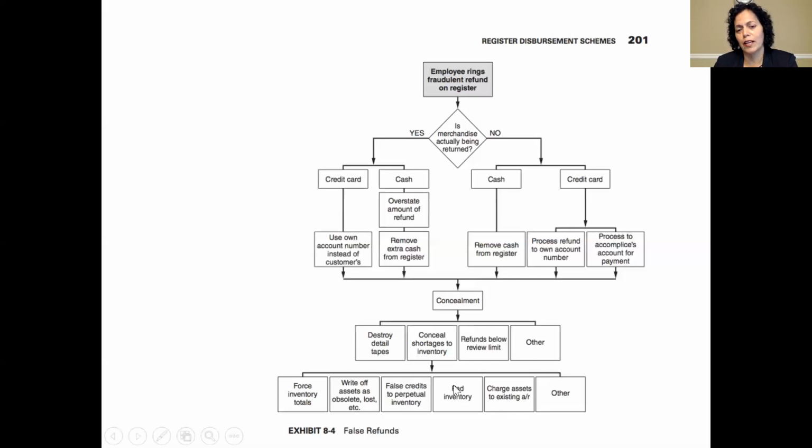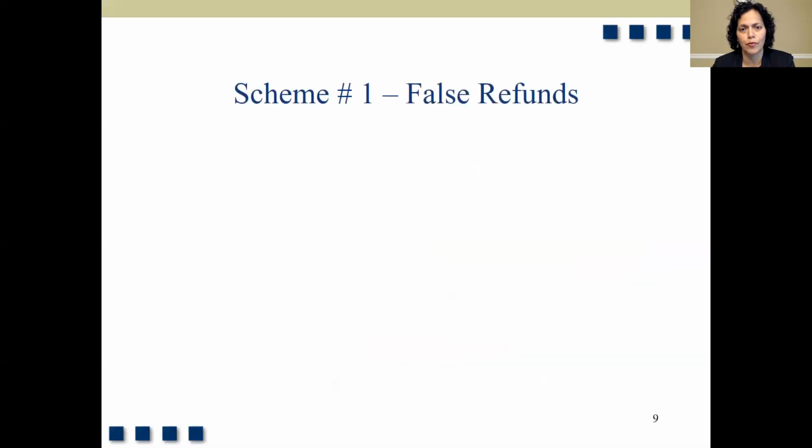So once again, when we come to the part of trying to prevent these frauds, the first item that's always going to be listed is segregation of duties. That is, someone who's actually processing a return should not be allowed to have access to the books. Otherwise, there are going to be no checks and balances whatsoever.